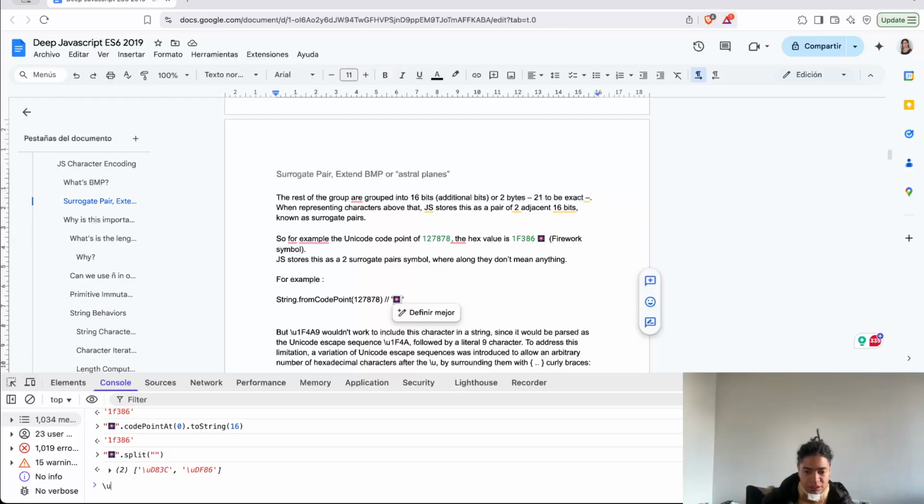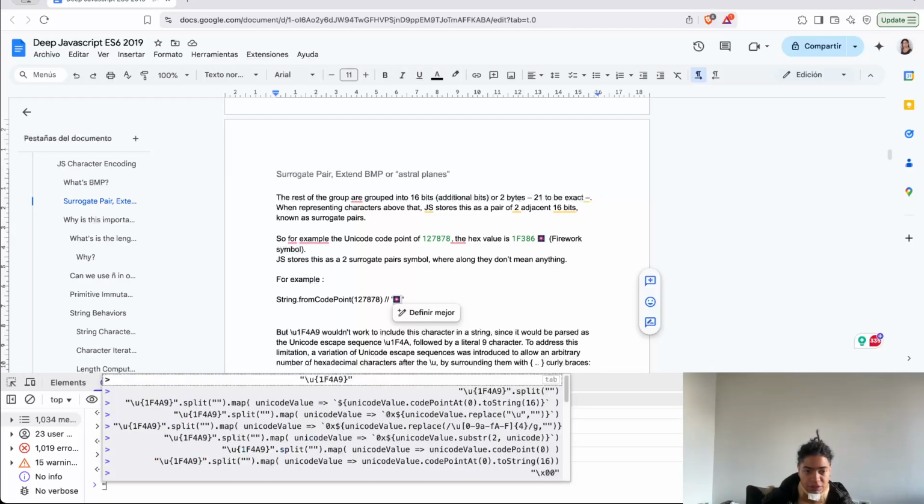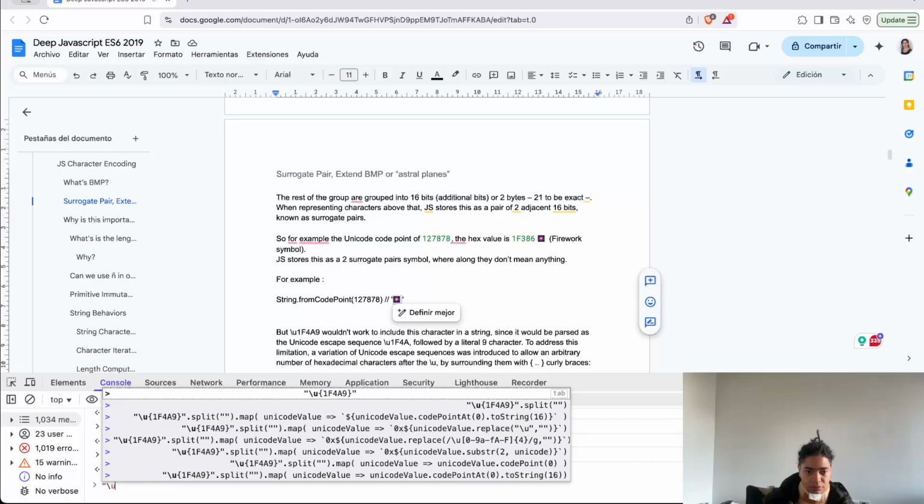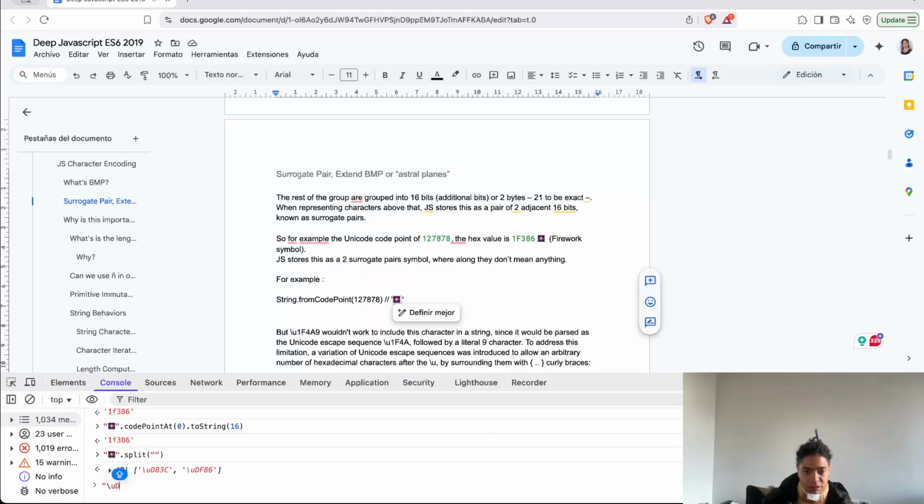We can actually try to render that, say DA3C, or D8-3C, and as you can see, it doesn't represent anything, right?